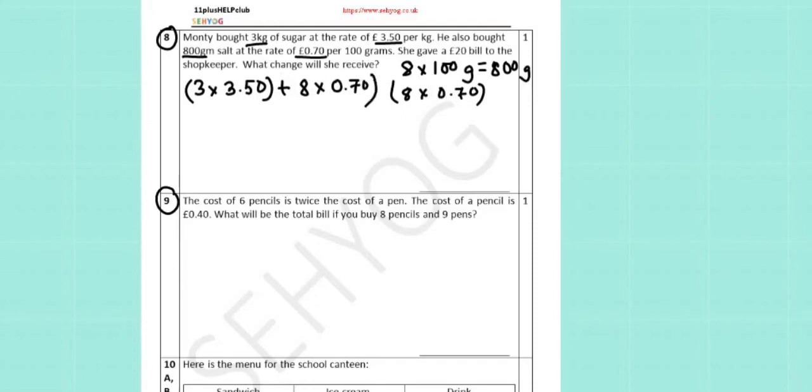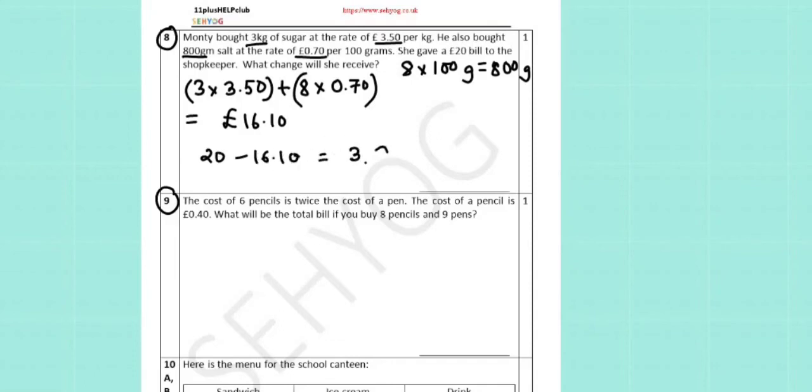So, the cost of salt we will add up with the cost of sugar to find the total cost. So, the total cost comes to be 16.10 pounds and she pays a 20 pound bill. So, 20 pound minus 16.10 pound gives us the change, that is 3 pounds and 90 pence or 3.90 pounds.